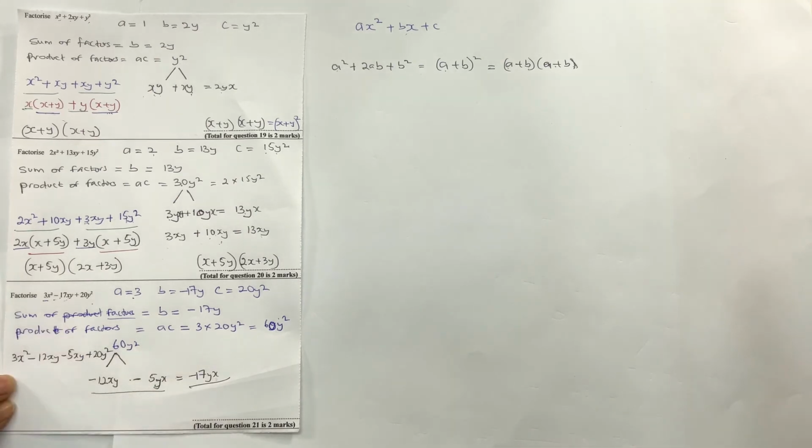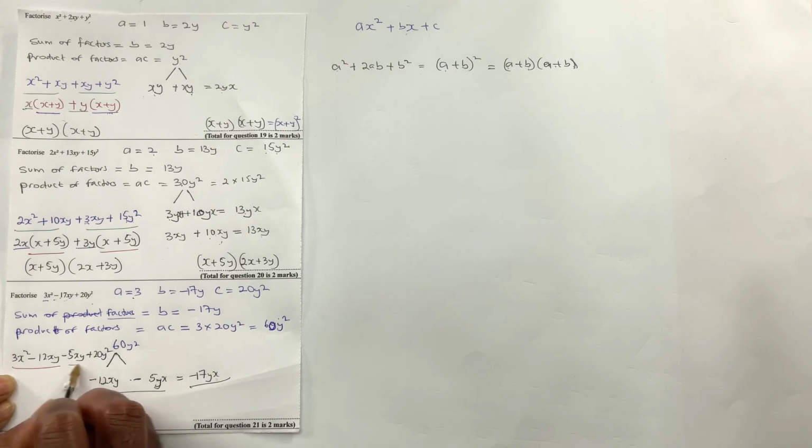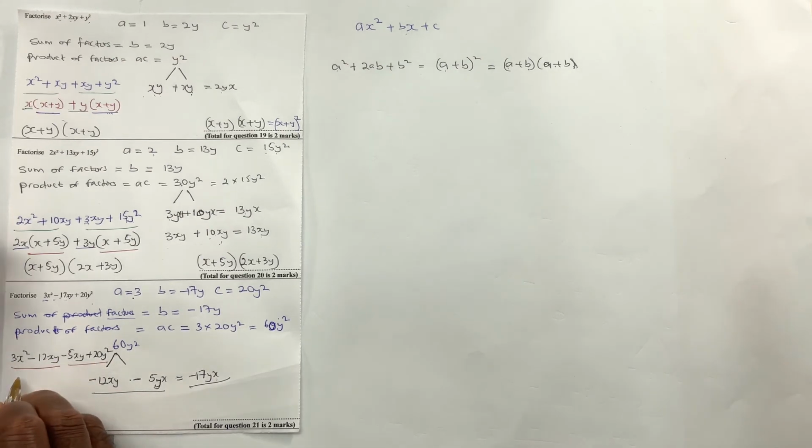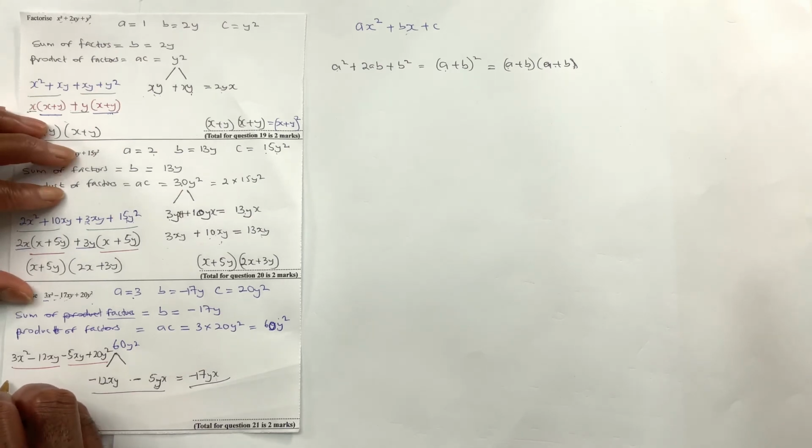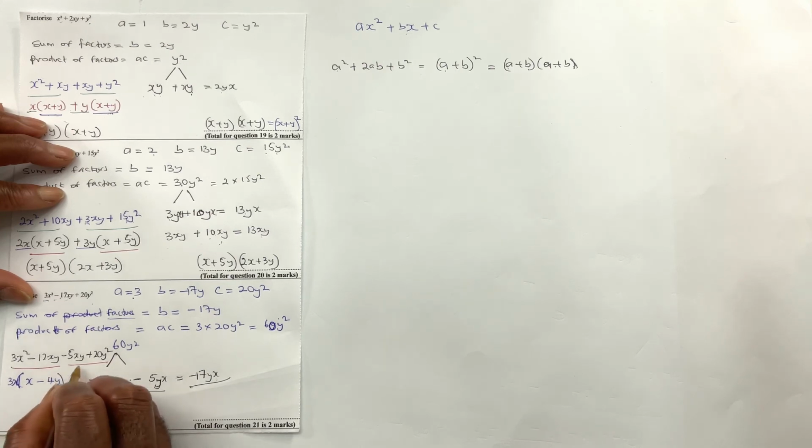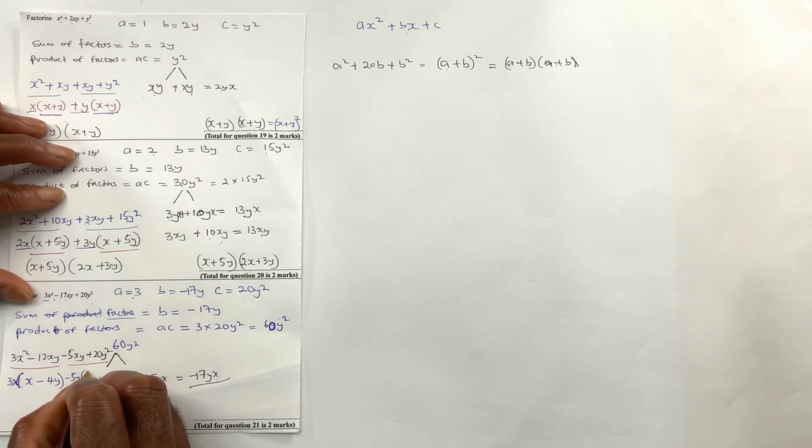And now there's a common factor here and a common factor there. The common factor here is 3x, and I'm left with x minus 4y. The common factor here is minus 5y, and I'm left with x minus 4y.